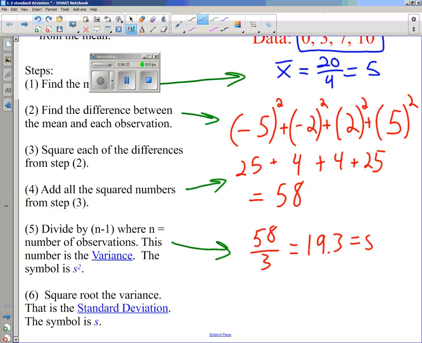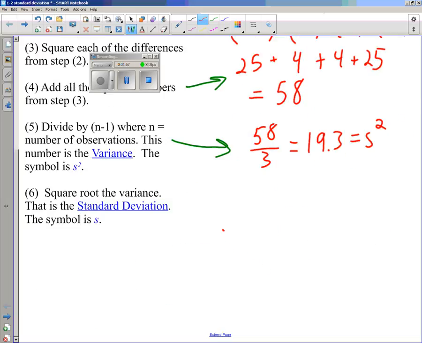It might seem a little bit weird. It's s squared, although it makes sense because you're squaring a bunch of things to get it. Okay. And then maybe the more important statistic here is what's called standard deviation. This right here is the variance. You're finding 2 different things. The first 4 steps are how you find the first one.